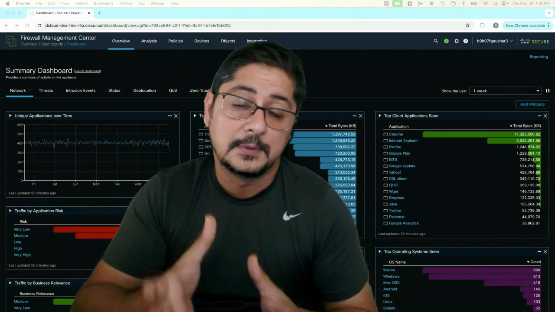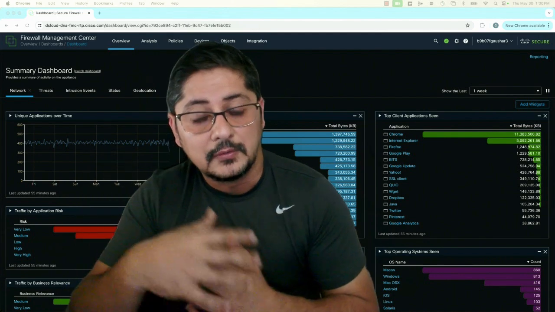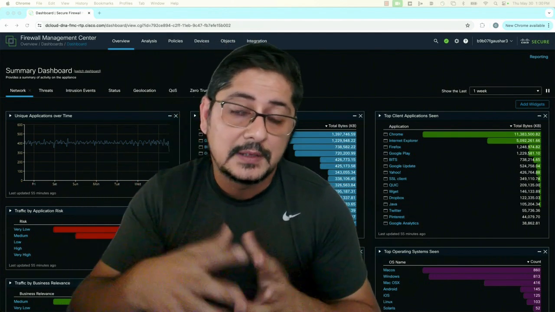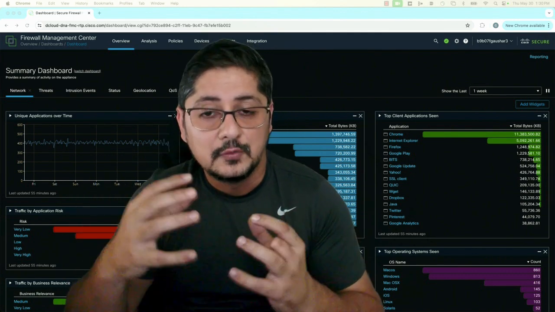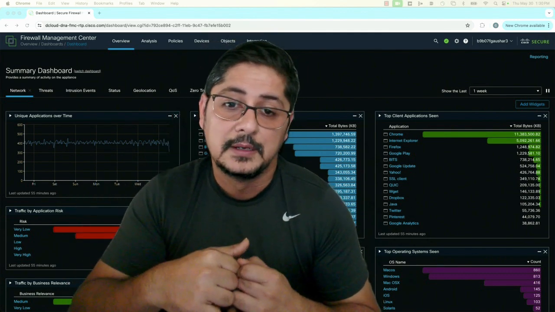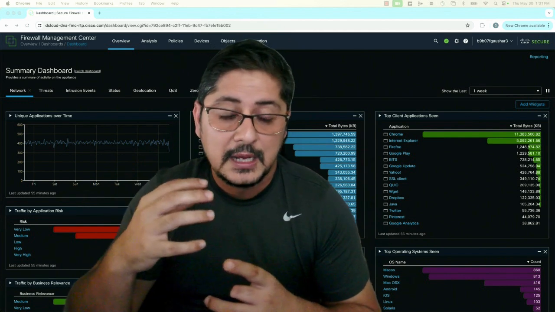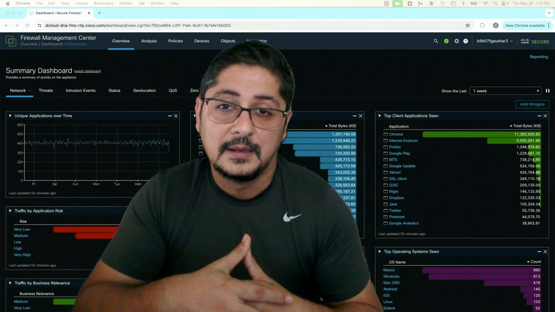It gives you URL protection as well, so you don't have to buy a separate product to do your URL based filtering. So it's a consolidation of a lot of security products into one, providing you visibility all the way up to layer 7, and it's able to give you information that was almost impossible to get in the previous traditional firewall worlds.